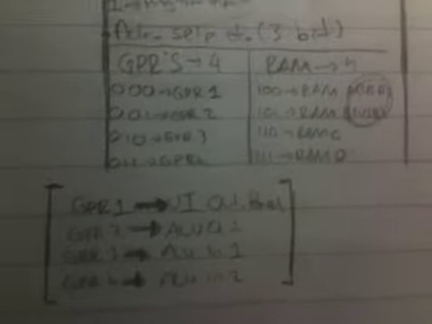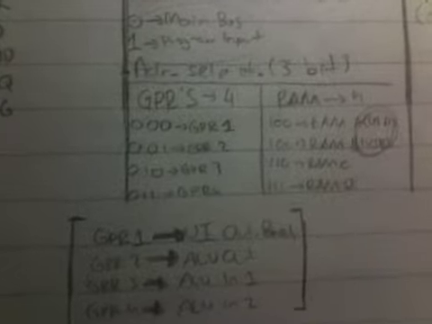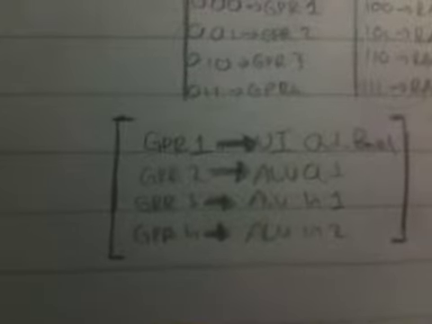So I assigned these GPRs and RAM addresses as real registers or buffers in the hardware. So GPR 1 will be the user interface output panel, where you see the outputs.